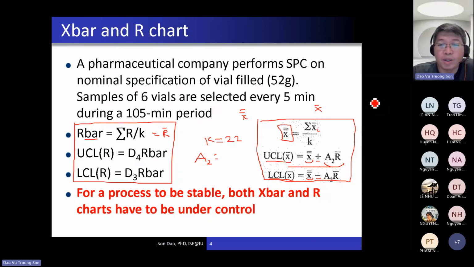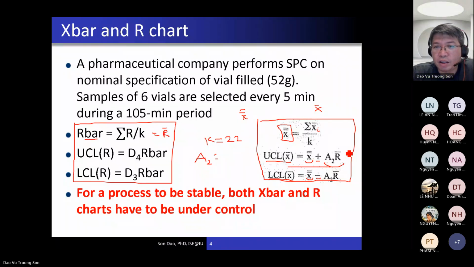R bar is the process average in the R chart. So how do we calculate R bar? Remember, R stands for range.